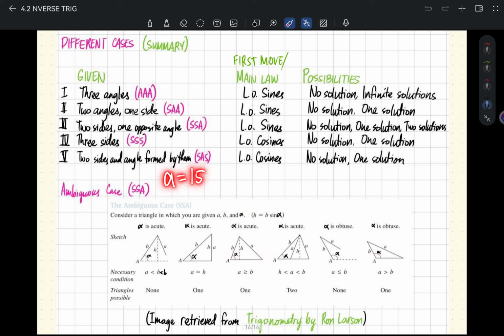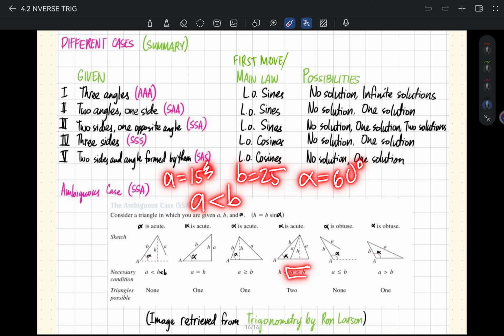For the second example, we had A equals 15, B equals 25, alpha equals 60 degrees. So here we have A is less than B. So there are actually two solutions here, two possibilities. Either this one happens, or this one happens.